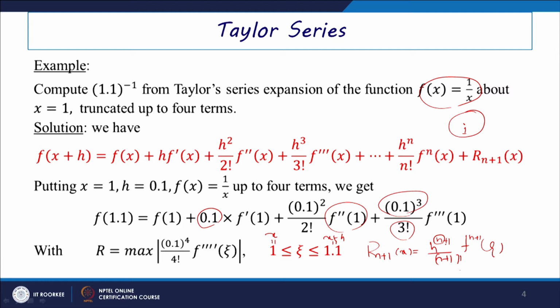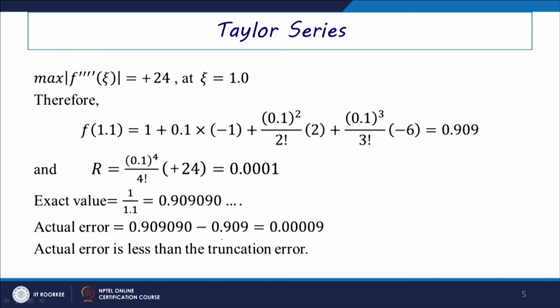So that is why 0.1 whole to the power 4 by 4 factorial and f to the power 4 of zeta here. So if you go for this computation of the final value, then f to the power 4 of zeta for the case of f of x equals to 1 by x is just giving the maximum value, that is 24 here at zeta equals to 1.0.